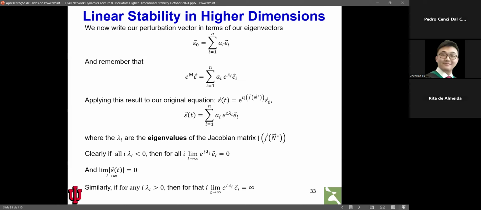So what it means is that the trajectory is tending towards the fixed point. Okay, so remember that lambda I are the eigenvalues of the Jacobian matrix J.